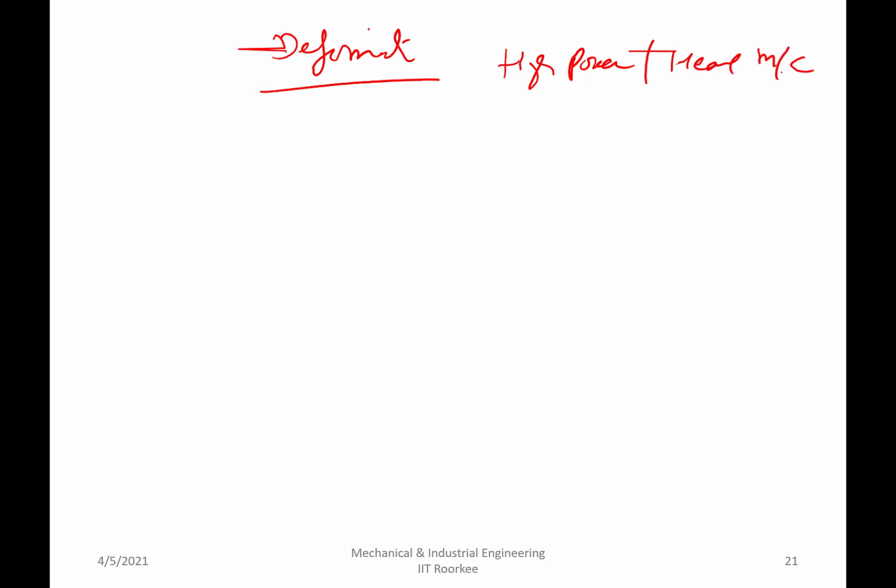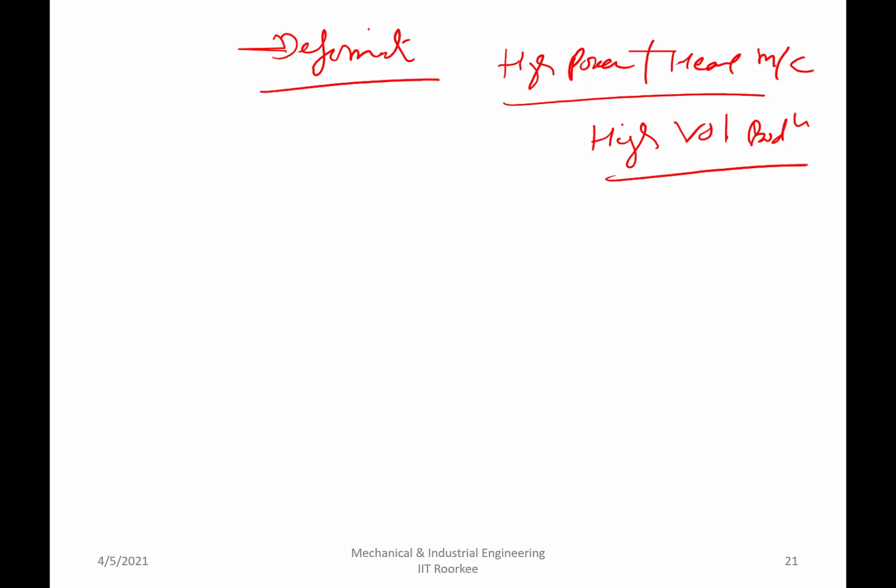So you cannot have these machines just for low volume production. These machineries are very big and heavy just to facilitate the deformation of the metal. So deformation approaches are good for high volume production because they use costly machinery.